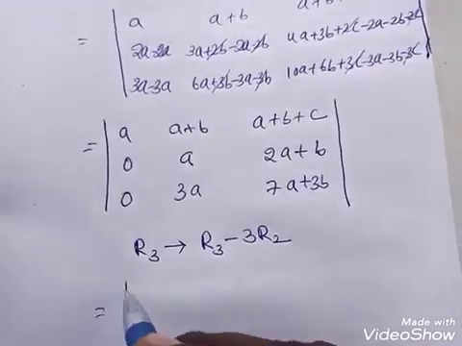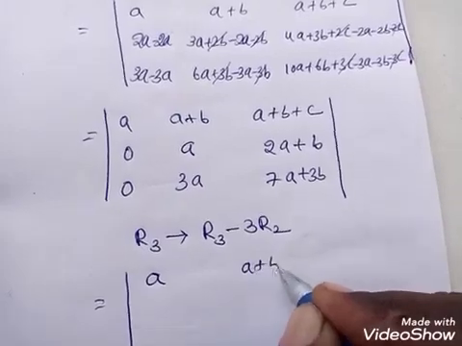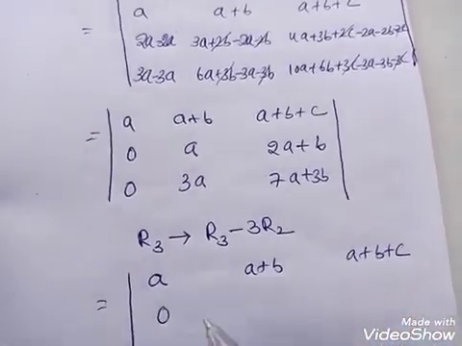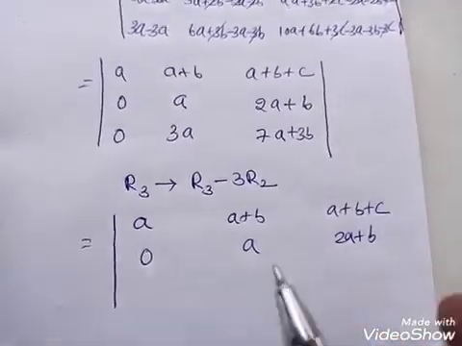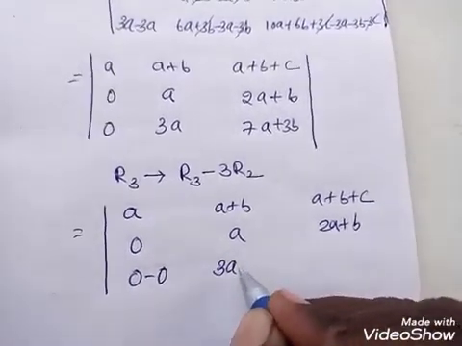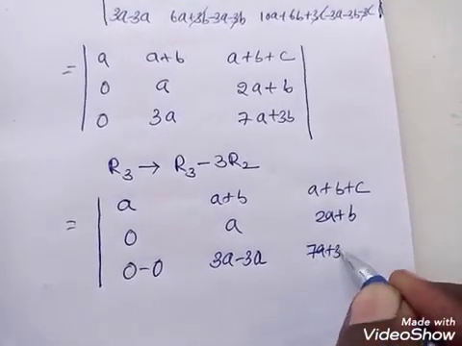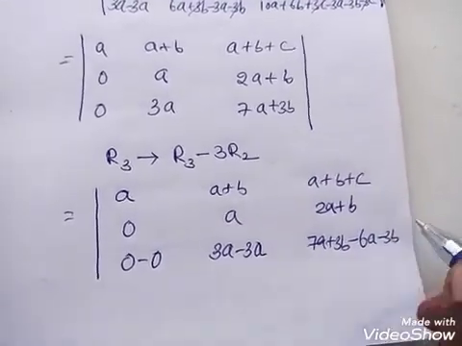Then what are you going to get? In the first row you did not do any operation. Second row: 0, a, 2a plus b. Third row: 0 minus 0, 3a minus 3a, and 7a plus 3b minus 6a minus 3b.